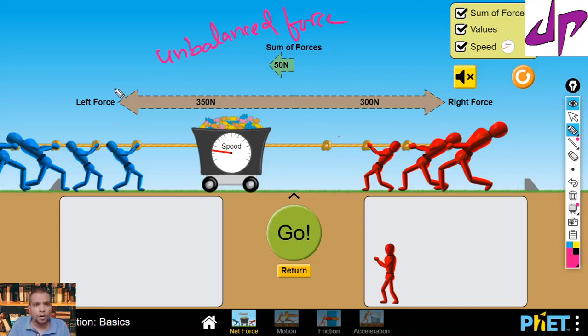On my left side, more force is there, and the right side force became less, because I pulled one person out of the team. So obviously the left side force is more, and the cart will move to the left because the force here is unbalanced. So this is all about balanced and unbalanced force.